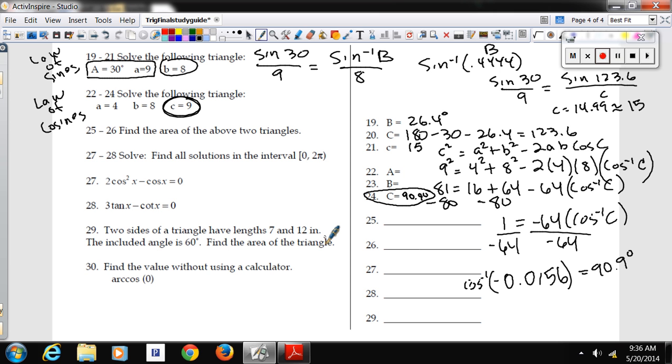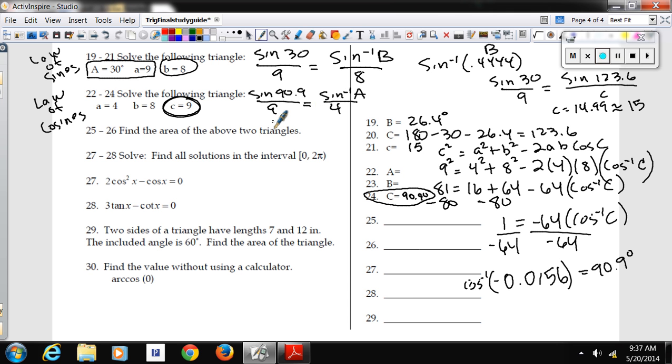That's the hardest one. Because now you can use the law of sines, because you've got both C's now. You have a big C and you have a little c. So I could set up the sine of 90.9 over the little c of 9 equals, and let's pick letter A this time, sine of A over little a, which is 4.